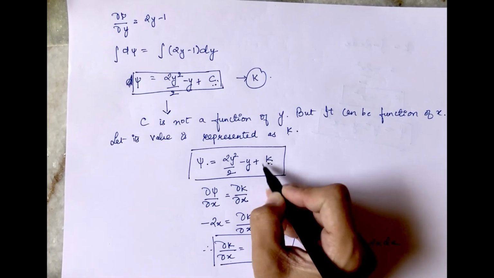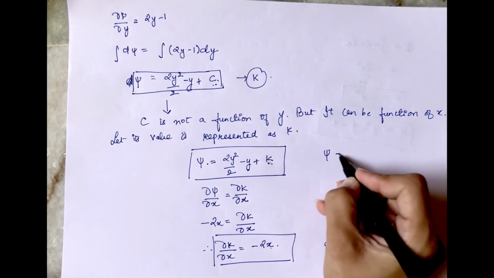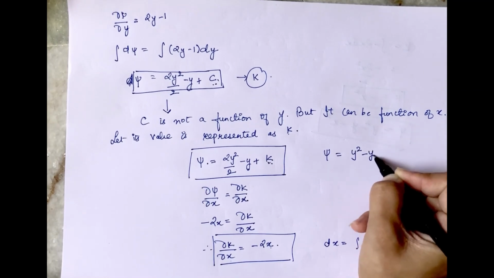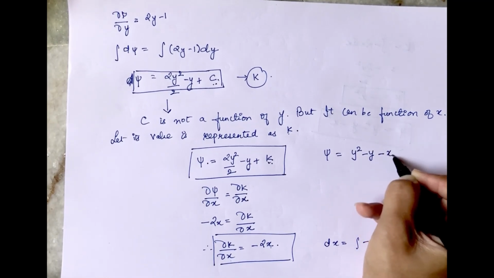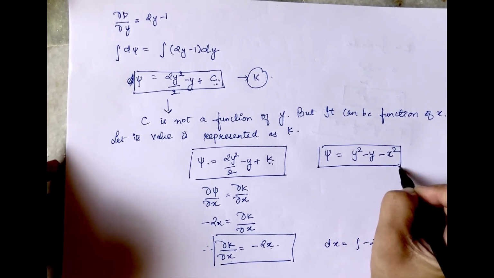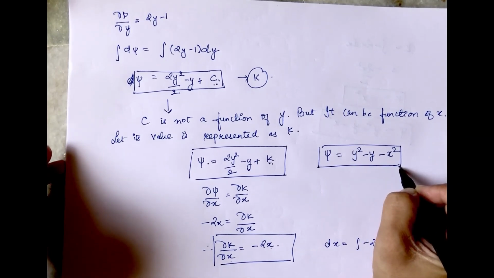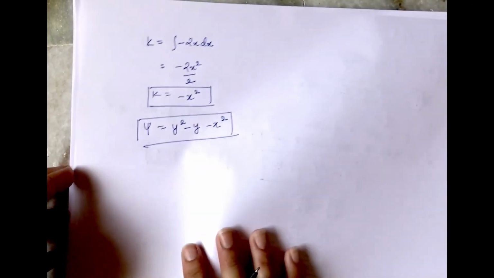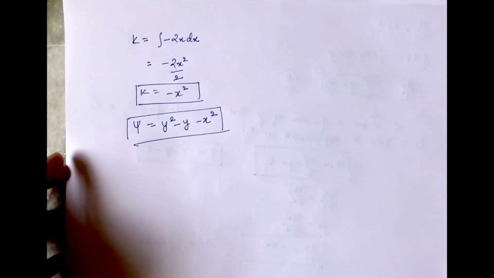So substituting the value of k over here, 2 is cut, so it will be y square minus y minus x square. Okay, so this is the equation which we got.